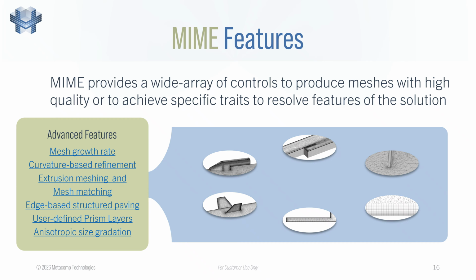In situations where the geometry represents a periodic domain, then MIME's mesh matching capability can automatically enforce point-to-point mesh matches on the periodic faces. User-defined prism layers controls allow for custom prism layer growth scenarios to resolve bow shocks or specific boundary layer phenomena. And most importantly, features like these are designed to be used together so that users can create the mesh that will support their analyses.